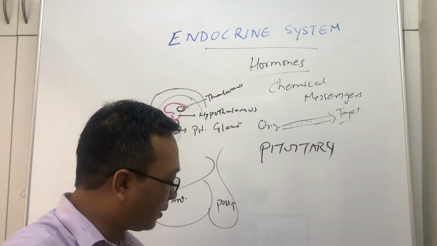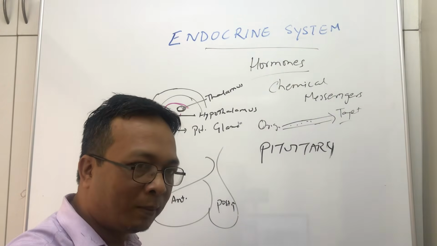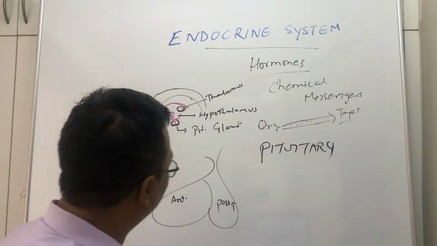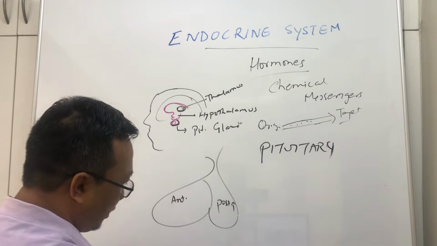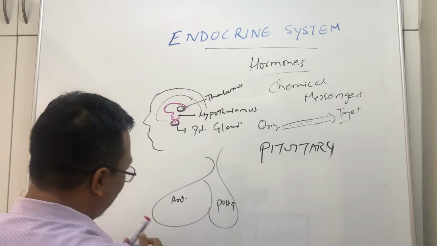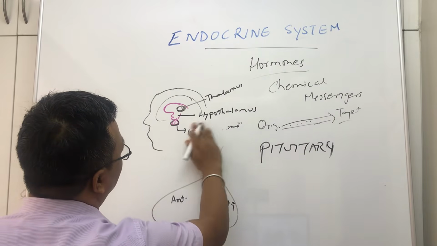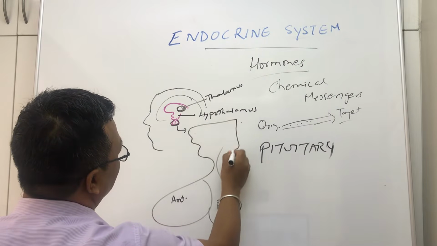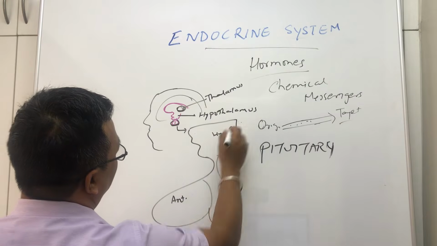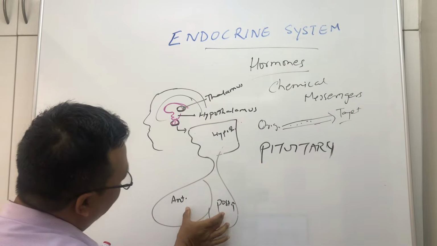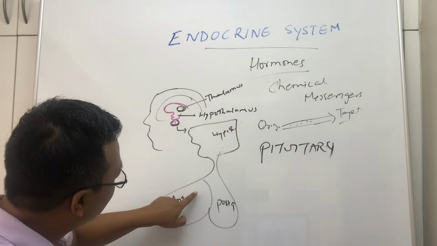The interesting part is that both these glands, though connected to the hypothalamus anatomically, differ a lot physiologically. The pituitary gland is connected to the hypothalamus. What is the difference?